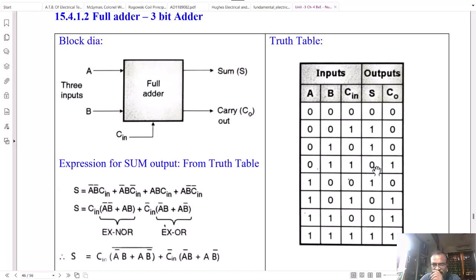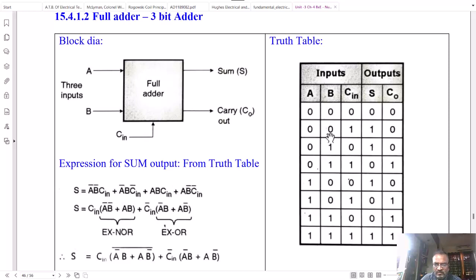We will ignore rows number 1, 4, 6 and 7 corresponding to 0. Now we have to write the min terms present in the output corresponding to the sum equal to 1 output rows. So here you will see second row.